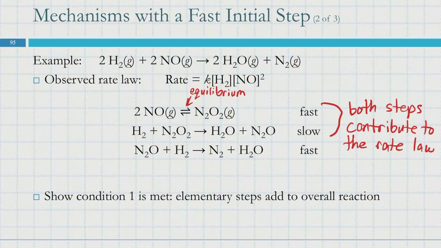The first thing we want to do is show that our elementary steps work, that this mechanism works because the steps add up to the overall reaction. We're screaming through this lecture, maybe inside our heads at least. So I'm going to give you some time to show that condition 1 is met, and then we'll do it together.